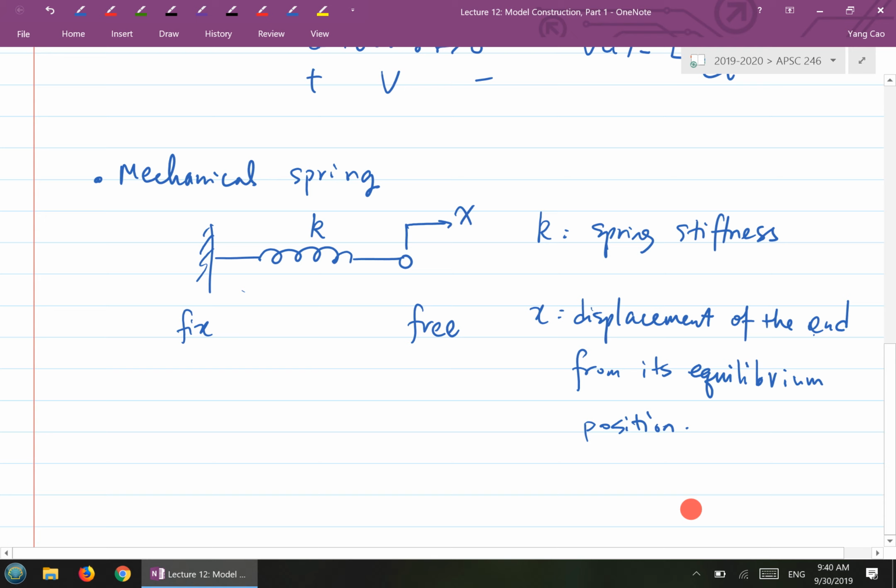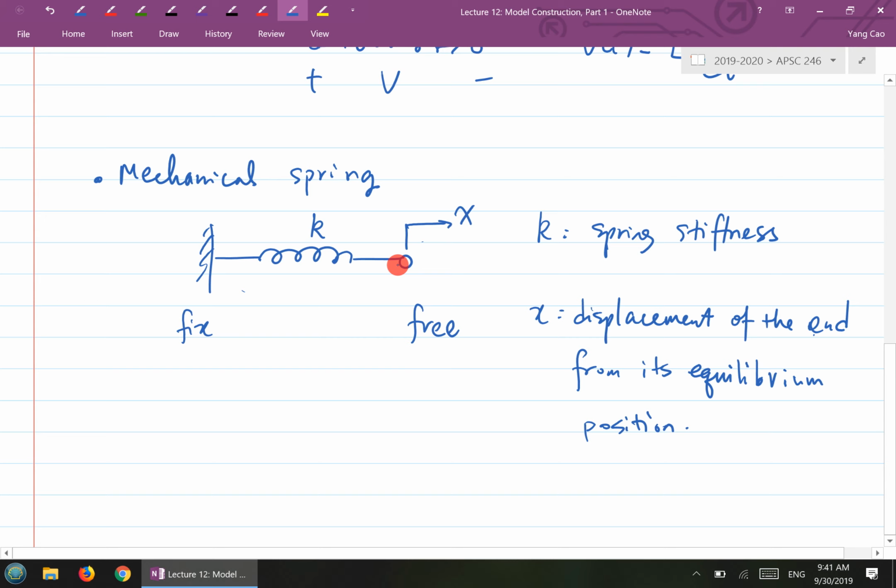There's also a different reference which I'll talk about: which direction you define as positive. In this case, we draw the arrow this way, so we're saying that direction is considered the positive direction. When the free end is moving in that direction, it's a positive value.